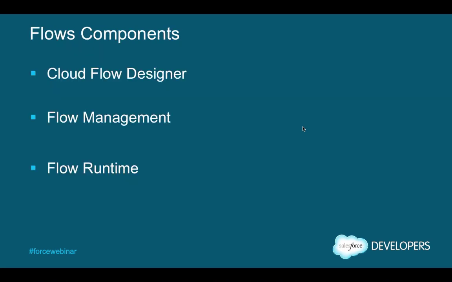So Visual Workflow has three main components, or we like to think about three components. One is the designer, and that's where you go in and build flows and test flows for any of the processes that you're building. There's also a management component, and that management component basically lets you see the flows that you have built, ones that you have active and deployed to your users.